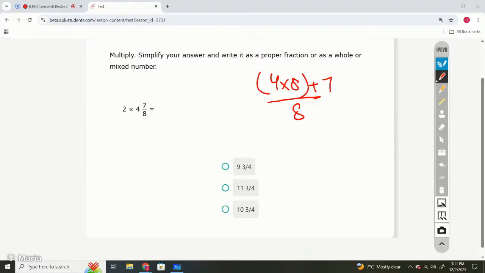8 times 4 is 32 and 32 plus 7 is 39 by 8, times 2 by 1, right? 2 times 39 is 78 over 8.